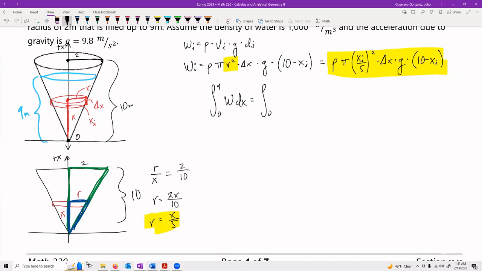So it's going to be the integral from 0 to 9, rho is 1,000, pi, x over 5 squared, times my gravity, which is 9.8, times 10 minus x. And my delta x becomes my dx, so it's going to be dx there. This is the integral that I need to solve out.